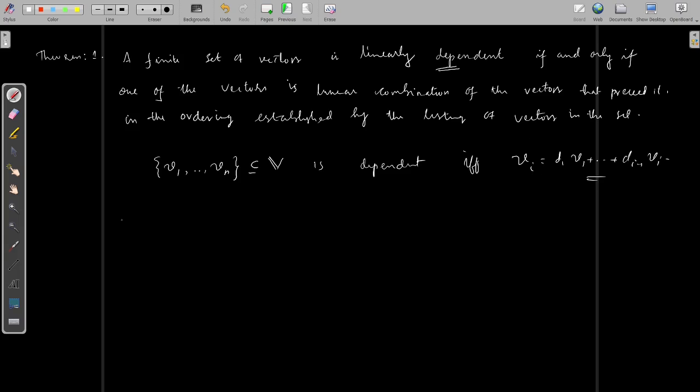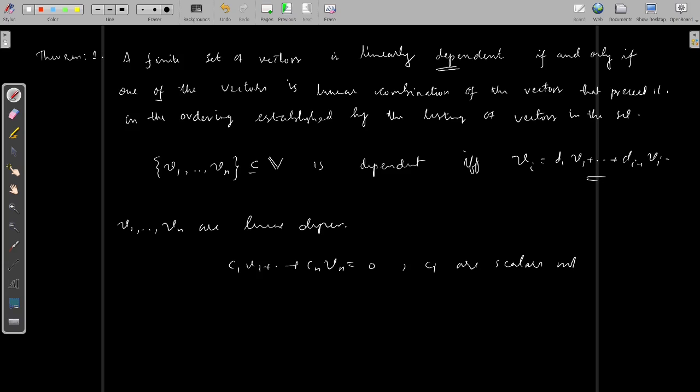So to prove it, we first assume this v1, v2, etc., vn are linearly dependent. That means there exists a linear combination c1 v1 plus etc. plus cn vn equal to 0, where the ci's are scalars, not all 0.